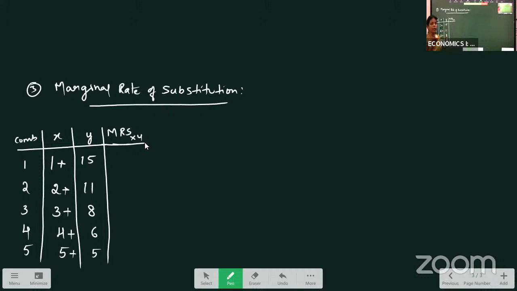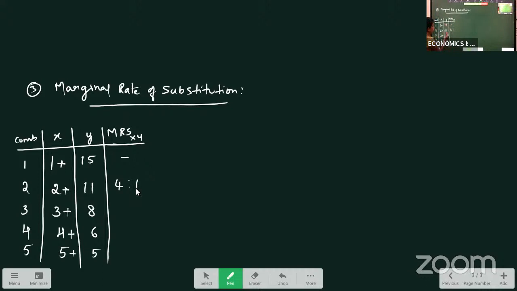That is what we say marginal rate of substitution. Generally, when you see the marginal rate of substitution, in the first combination we do not have any substitution. Now see the second combination. How many Y did we reduce? 15 to 11. How many did we decrease here? 4. That 4 is substituted by how many X we increased over here? 1.